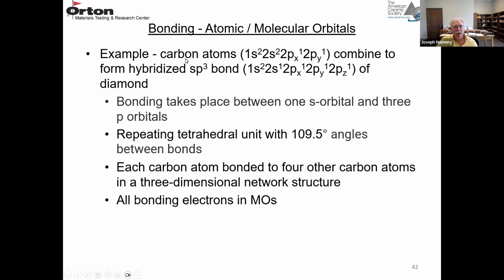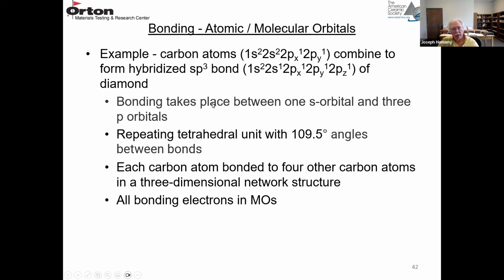And then carbon also forms diamond. And that's a hybrid sp3 bond. So now you have an s1 orbital, one electron goes into this pz orbital.